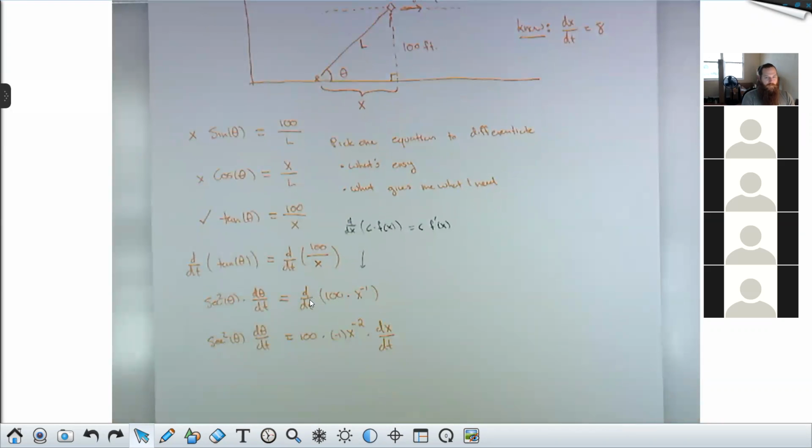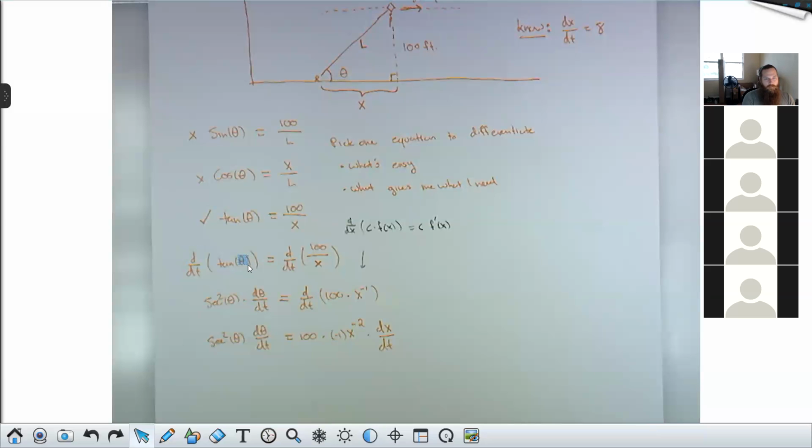And then why did you just put in d theta over dt? It's a chain rule thing again. I'm differentiating with respect to the variable t. So my outer function is tangent, my inner function is theta. Theta changes over time. Theta is not a constant. Remember we said if the kite's way out here, then this angle will be much shallower.